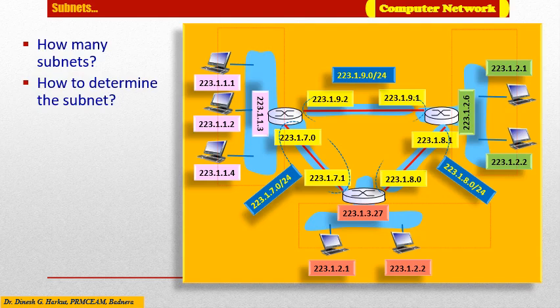Create the isolated networks with the interfaces terminating the endpoints of the isolated networks, and each of these isolated networks is then termed a subnet. This is how we have 6 different subnets in this figure: 1, 2, 3, 4, 5 and 6.